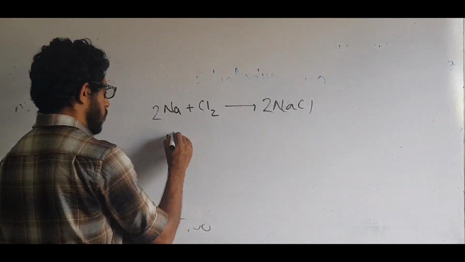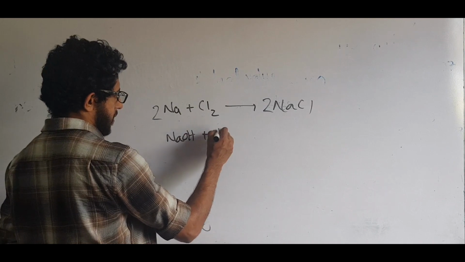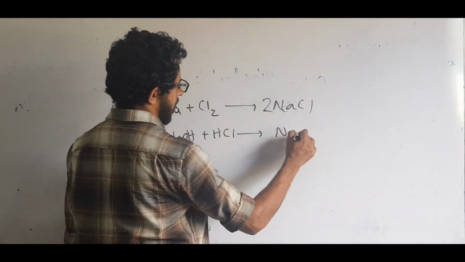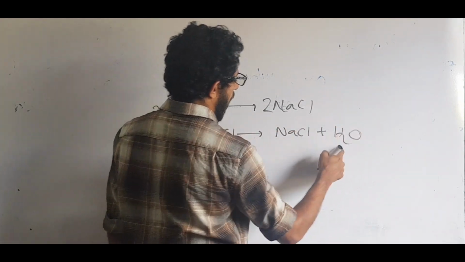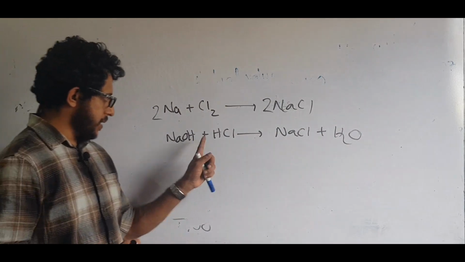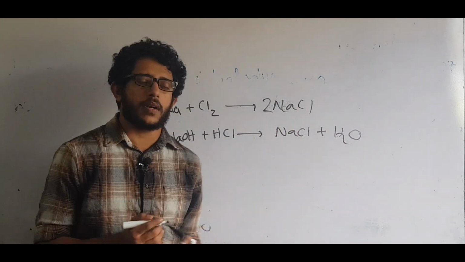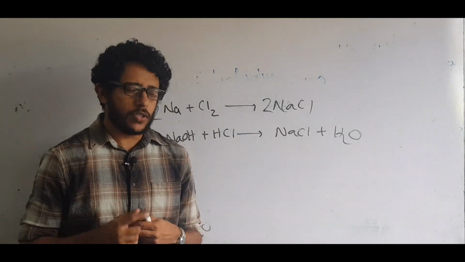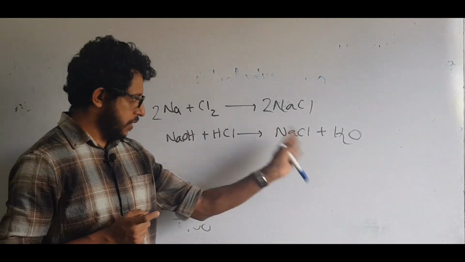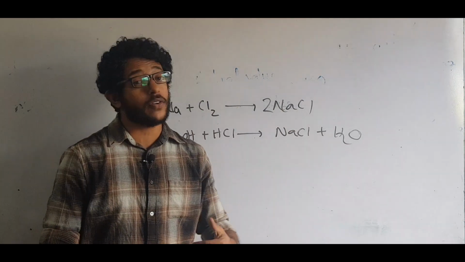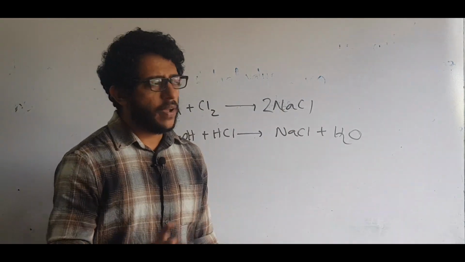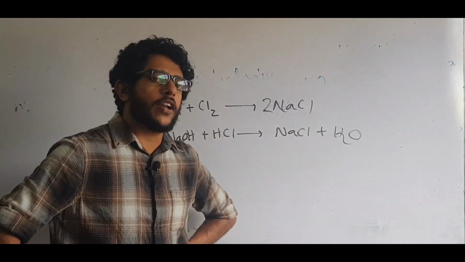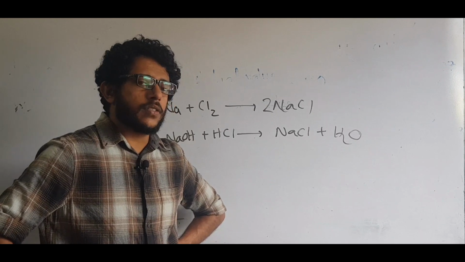But if you use sodium hydroxide and HCl to give NaCl, the hydrogen we have in the reactants is not going to give the desired product. In this case, the desired product is NaCl, so some atoms are not being used up to give the desired product. In an environmental sense, it is not that good, because we might say those are pollutants.